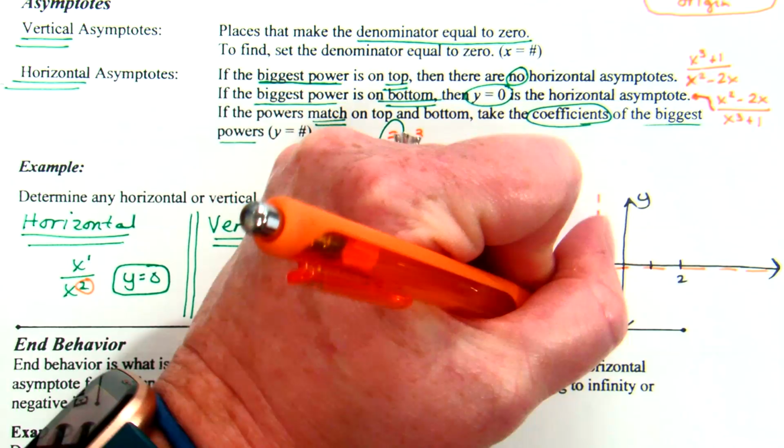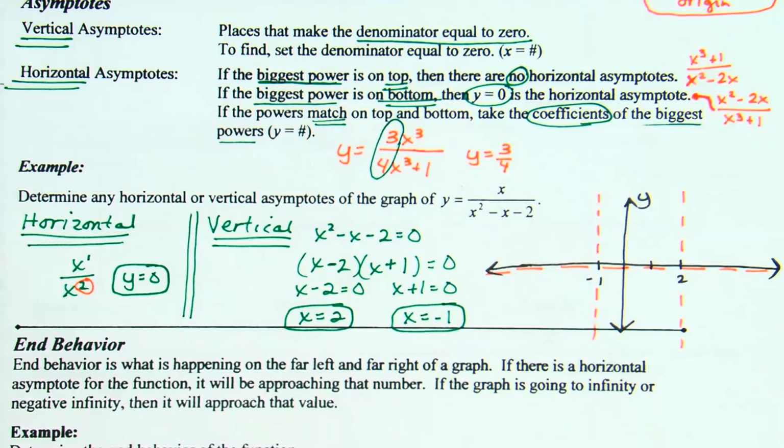Now, my graph is never going to cross the vertical asymptotes. I know some of you have already graphed this, so you know what the graph is going to look like anyway, but this is putting it all together. My graph is never going to cross vertical asymptotes, ever, at all. Okay? So my graph will run up along beside them.